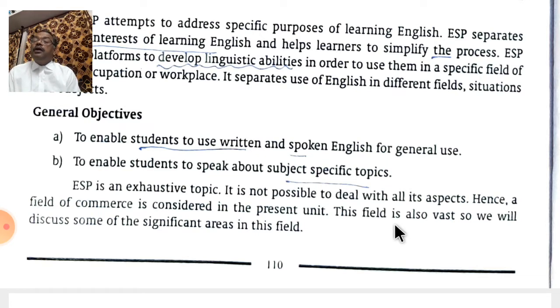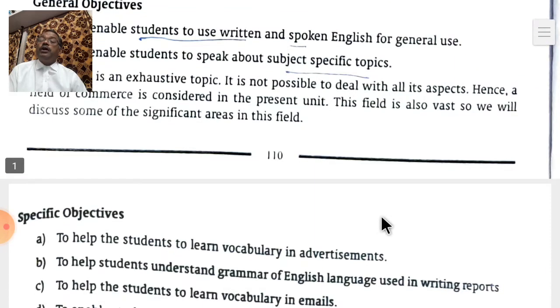And hence, the field of commerce is considered in this unit only. This field is also very vast, so we will discuss some of the significant areas in this field. Which areas come under the commerce faculty or commerce stream, and what kind of English is used for that particular field, we have to learn.